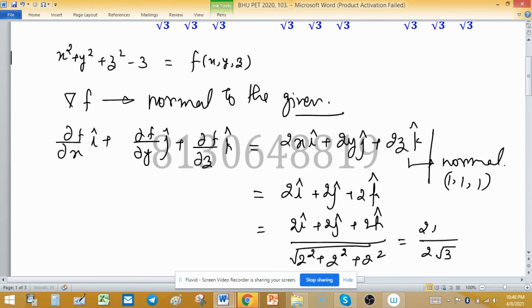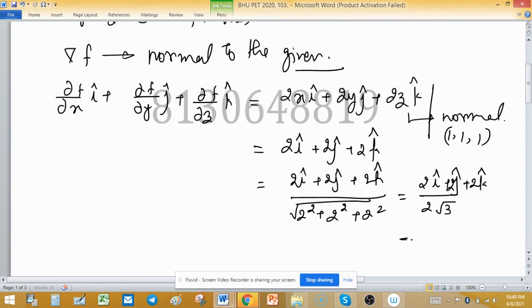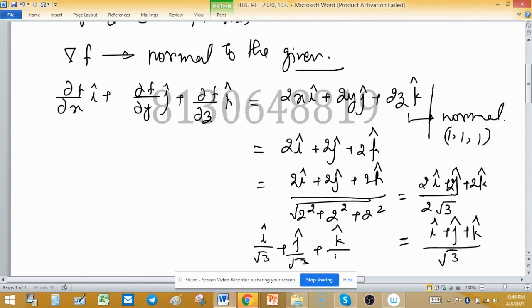This one equals 2 times i hat plus j hat plus k hat, and the 2 cancels out as a common factor of the vector. So i hat plus j hat plus k hat divided by root 3. This one equals i hat upon root 3 plus j hat upon root 3 plus k hat upon root 3. And which option is giving this.